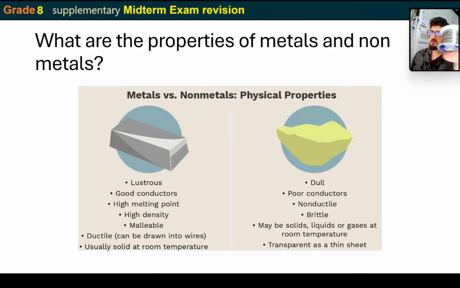It's not something that I can easily do. There are always exceptions to the rule, obviously, but for the most part, metals can be drawn into wires, and that's called ductile. Metals are malleable, which means they can bend. Metals are solids at room temperature because they have very high melting points, and so on and so forth.